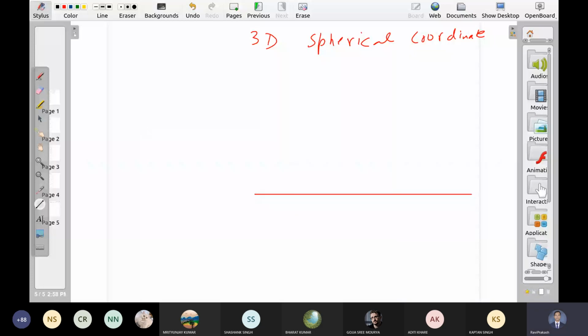Let me draw the axis first. X-axis, y-axis, z-axis. What about spherical coordinates? So they lie on the surface of a sphere. एक sphere draw कर सकते हैं. So I'm not going to draw complete sphere, just a part of it.